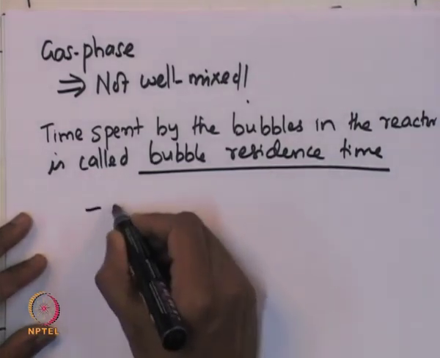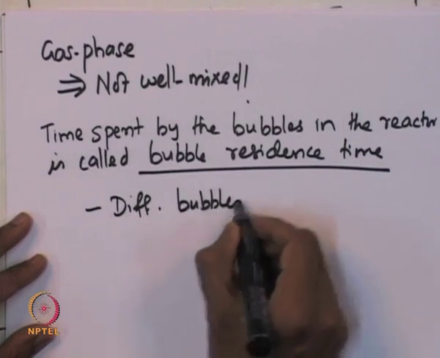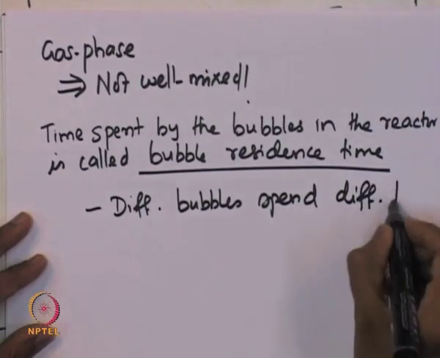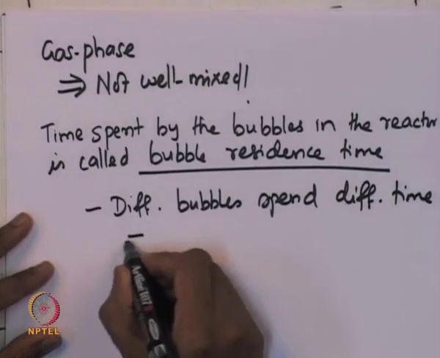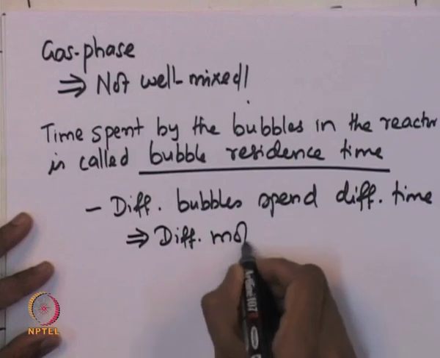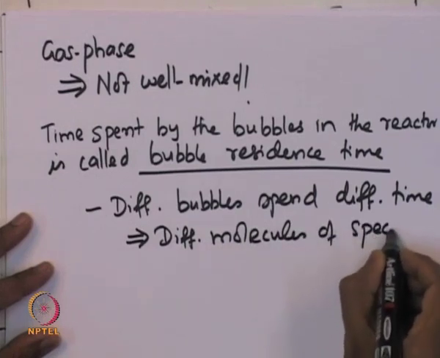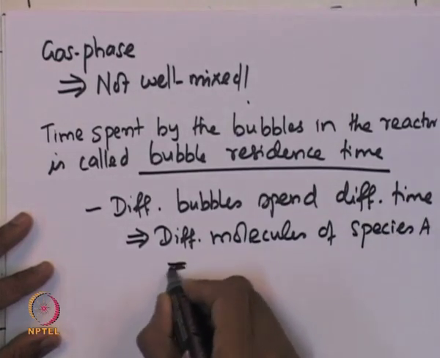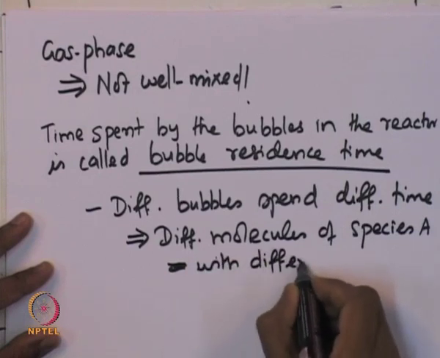Now, as observed earlier, different bubbles spend different time inside the reactor, and therefore, different molecules of species A will have different residence times.